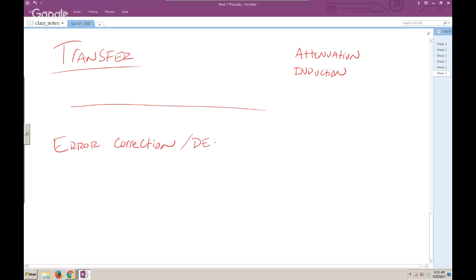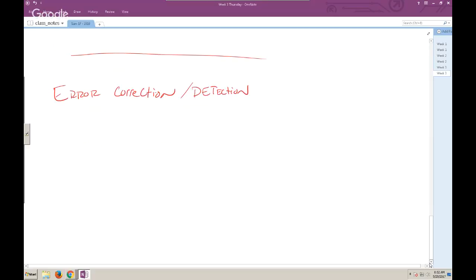Probably should put it the other way, error detection and correction, but I really don't want to rewrite it. Error correction and error detection schemes. Some things will be capable of detecting problems, some things will be able to fix, and there are some strategies that can do both for us. So let's start at the simplest and work our way to the most complex.